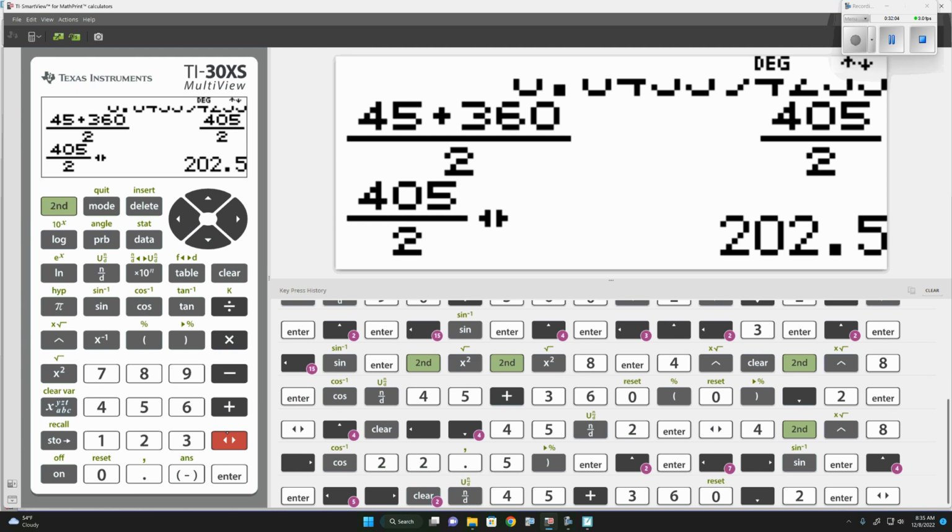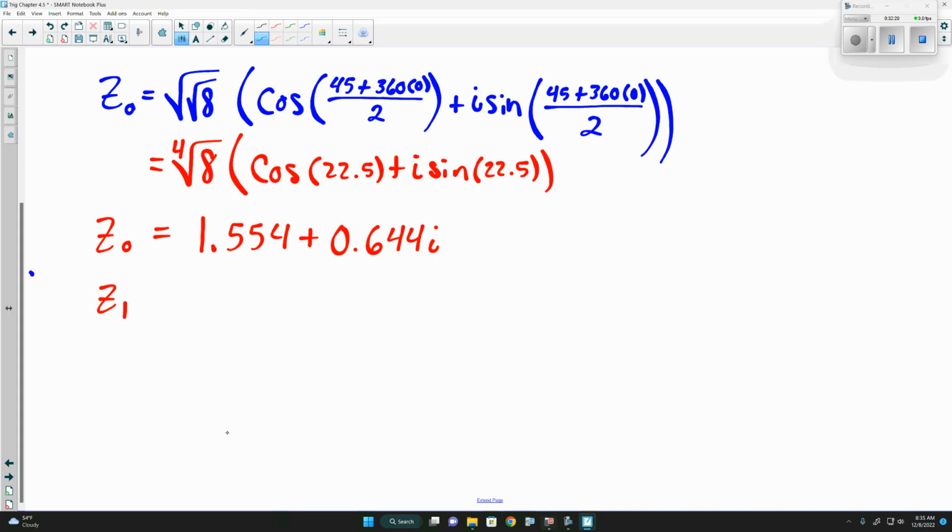Because changing the formula, we're just adding 360, because it'd be 45 plus 360 times 1 over 2, which we have here. Because I'm just changing the number here from 0 to a 1. We good with that step? Because I'm trying to make this a little bit easier.